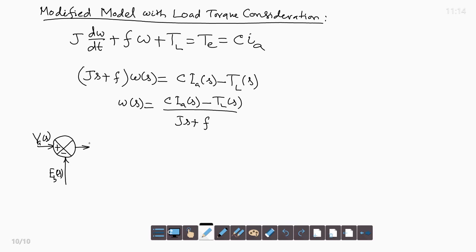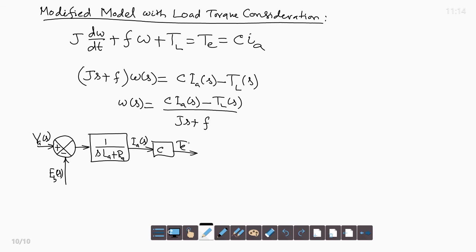Then you have 1 upon (s LA plus RA), and this gives the armature current Ia(s), which is multiplied by C to give the electromagnetic torque TE(s), the Laplace transform of torque TE.